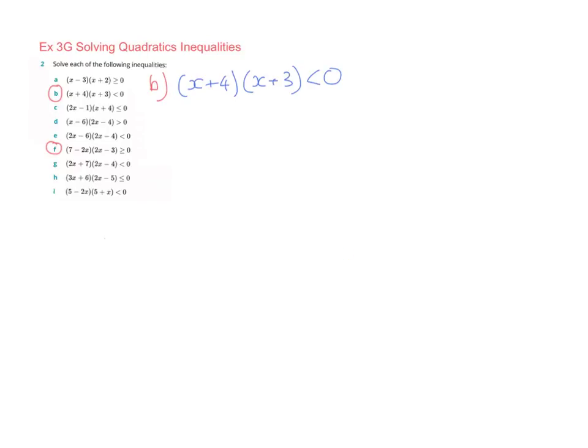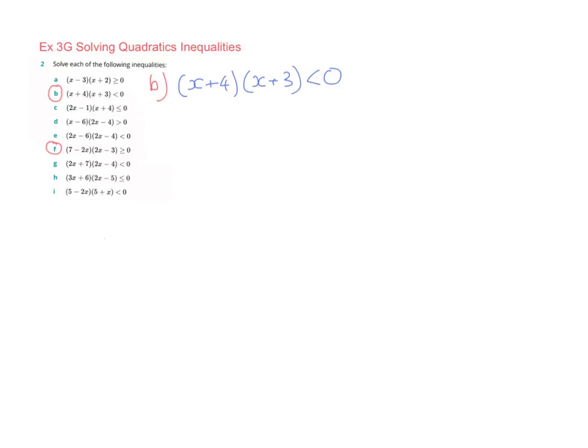Now, we've been doing the x-intercepts and quickly drawing. So if I find the x-intercepts, I rearrange each bracket and put it equal to 0.